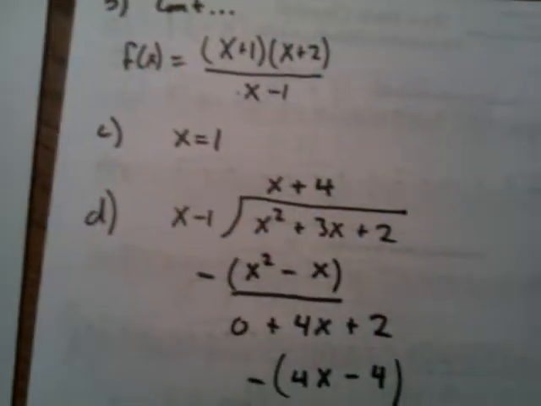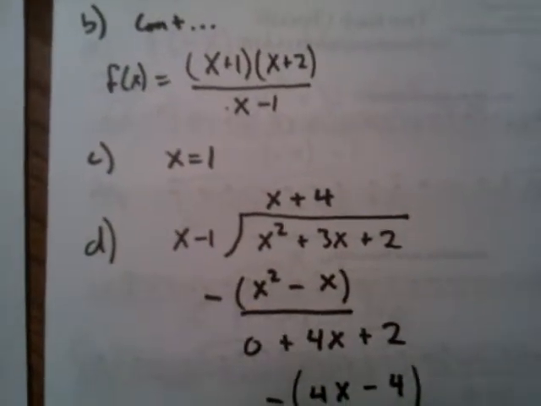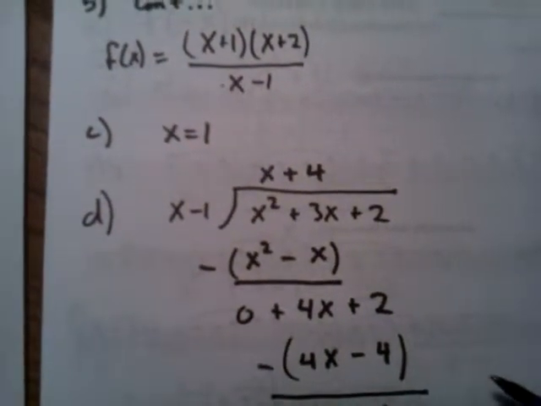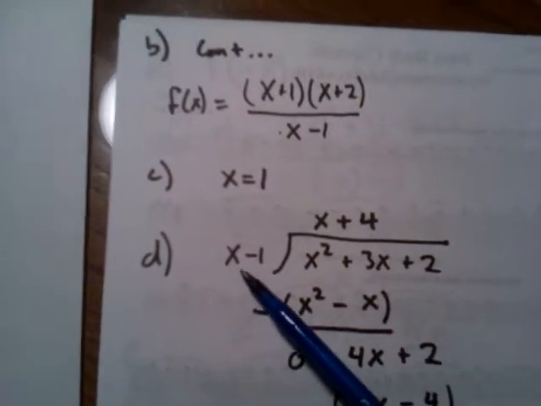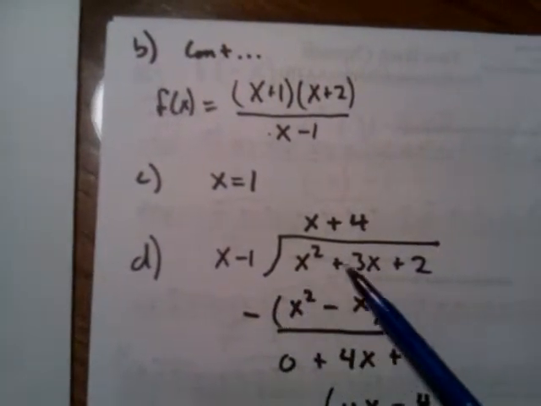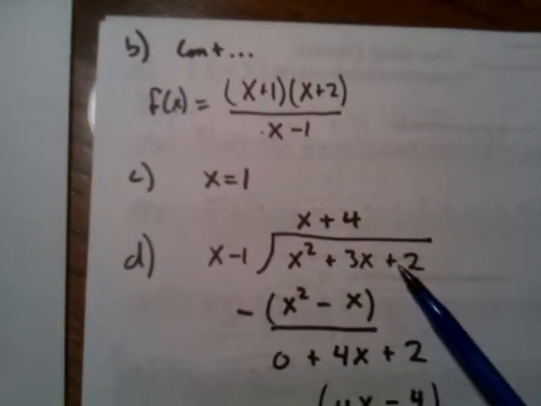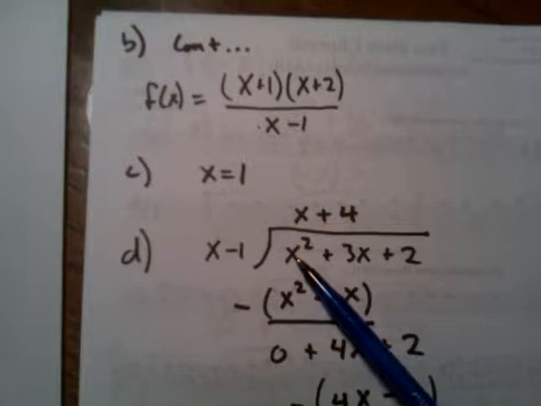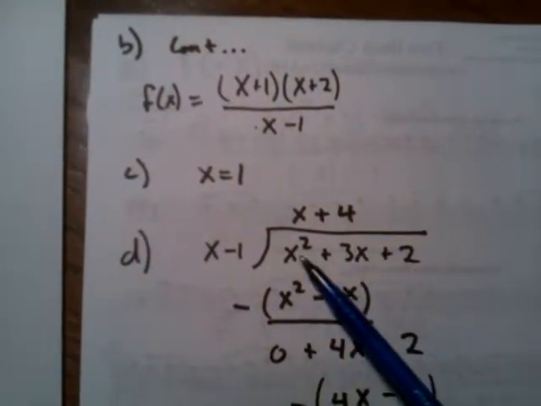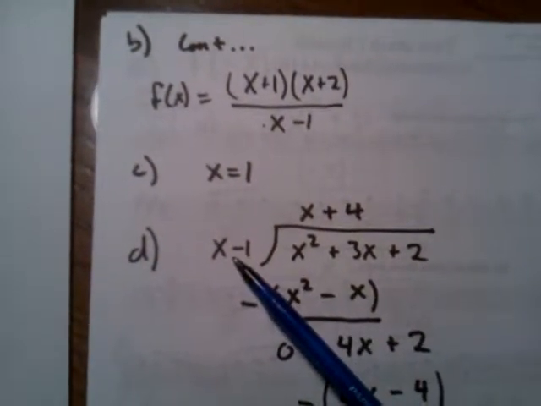When that happens, you won't have a horizontal asymptote. But we do have an oblique asymptote, and you find that by doing long division with the polynomials. So here we've got our numerator, and we're dividing that by the denominator.